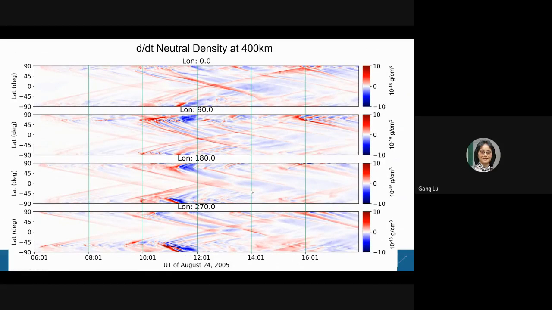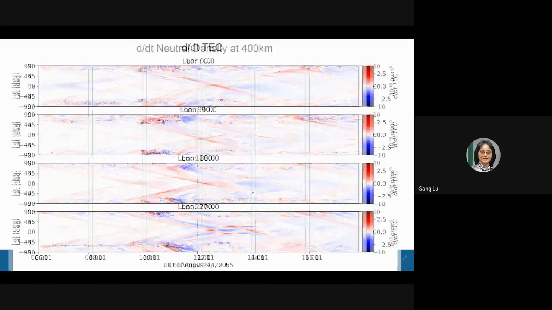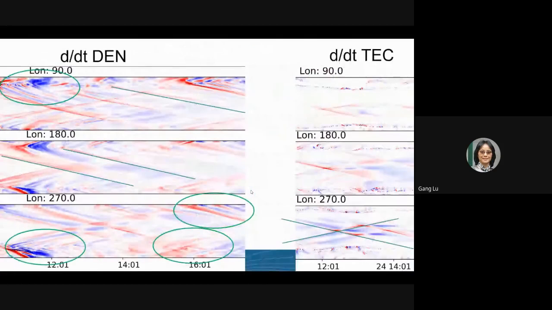Yeah, I see. Another thing is the phase speed property. I don't know whether the interaction will change the phase speed or not, but the phase speed definitely changes with local time, so it's not always a straight line, because it depends on the local temperature.